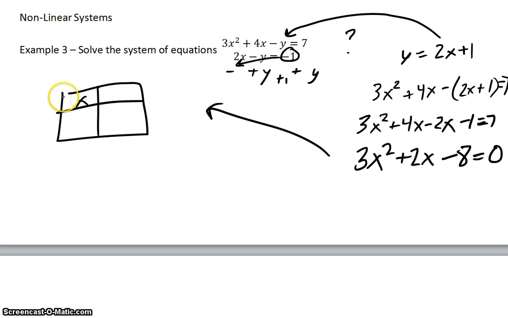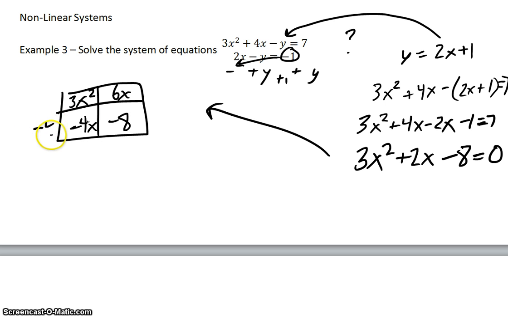We can find numbers that multiply to negative 24 and add to 2, and that would be a 6 and a negative 4. Those add to 2 and multiply to negative 24.